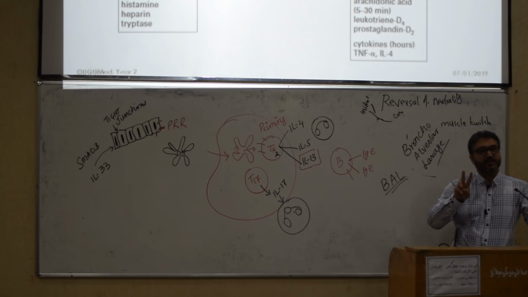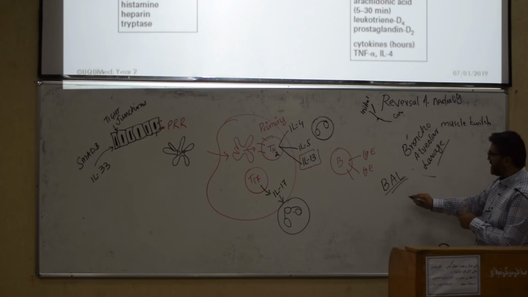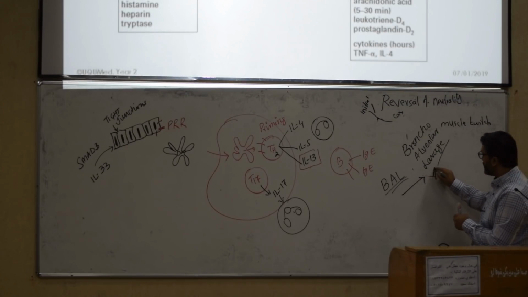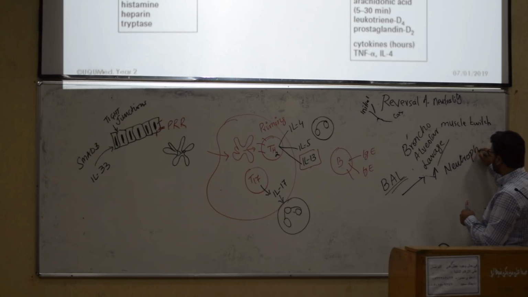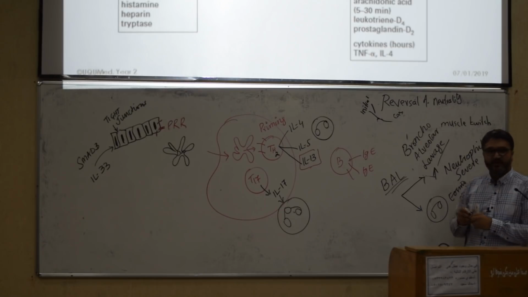Because if the patients have got more number of neutrophils in their BAL, they are more severe cases of asthma. So if their BAL has got more neutrophils, these are severe cases. And if their BAL has got more eosinophils, then these are mild cases of allergic asthma.